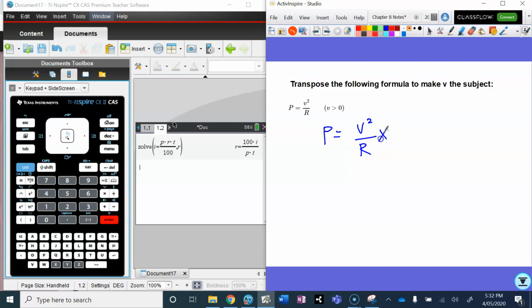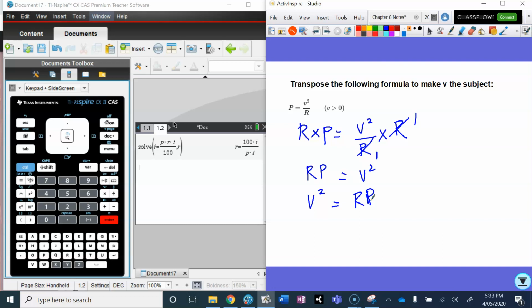So if I multiply both sides by R to undo that divide by R, this R and this R will cancel, and I end up with V squared is equal to R times P. So again, I'd probably switch these around so that I've got the subject on the left-hand side. It's not quite there yet, but it's getting there. So V squared equals RP, if I just quickly swap the two sides of the equation.